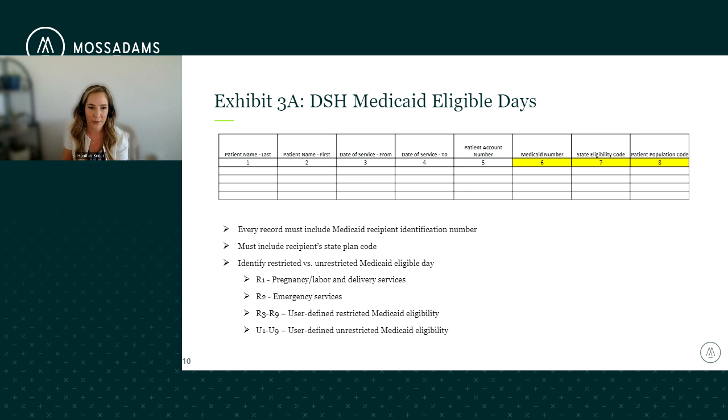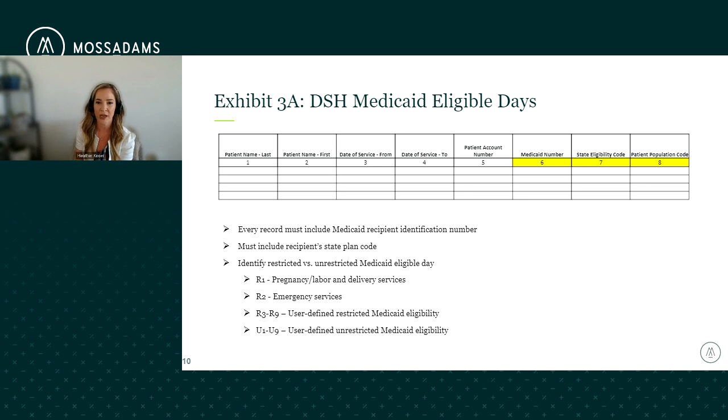To be eligible for Medicaid DISH, you have to be eligible for a federally funded program code. So programs such as separate CHIP or state-only funded programs, those types of patients with eligibility should not be included in your DISH calculation.